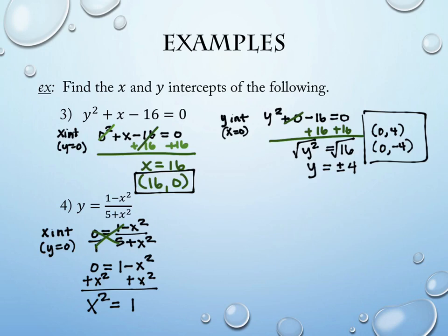Do you still root it? Yes, you do still take a square root of it. Exactly. So we're going to take the square root of both sides. And whenever I take a square root, I need to remember a what? Plus or minus, right. And what is the square root of 1? It's 1. So I have two x-intercepts. I have 1, 0, and I have negative 1, 0.